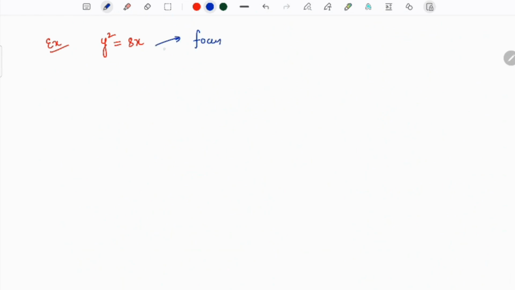Let's first find the focus and directrix. Comparing with y square is equal to 4ax, 4a is 8. 4a is the length of the latus rectum. All right. So the length of the latus rectum is 4a, right, which is 8. So what is the a value?